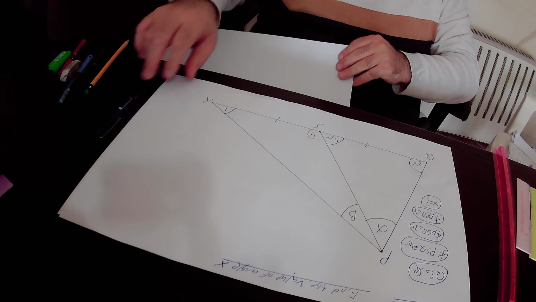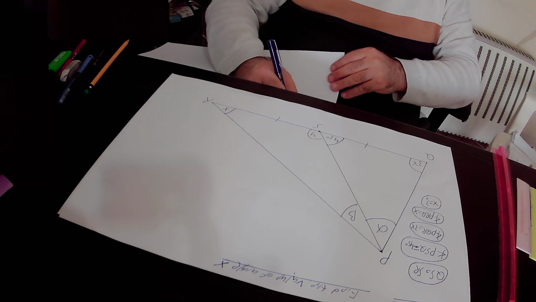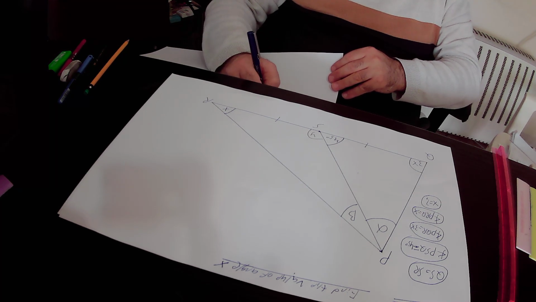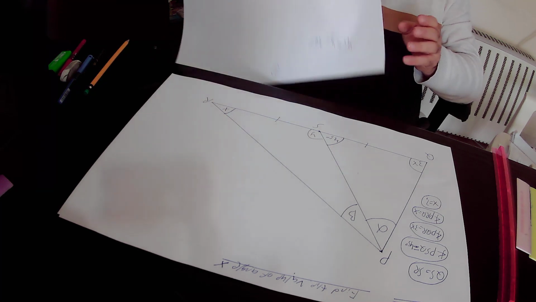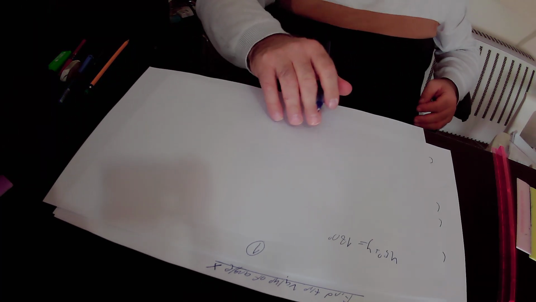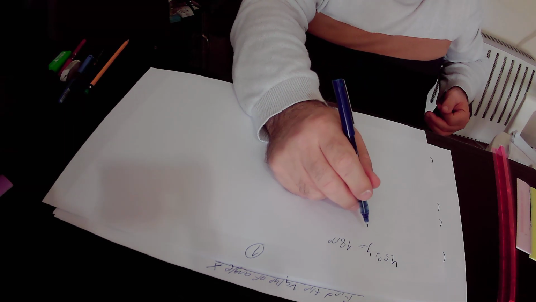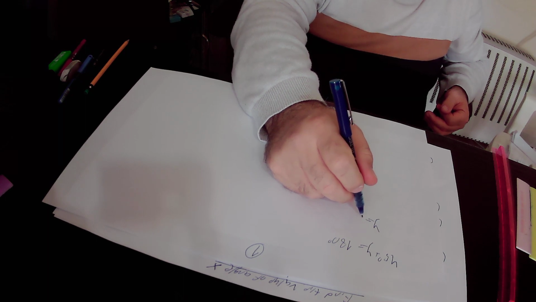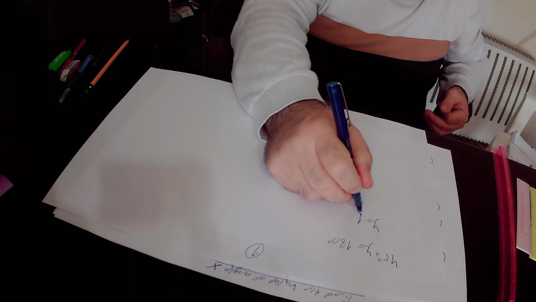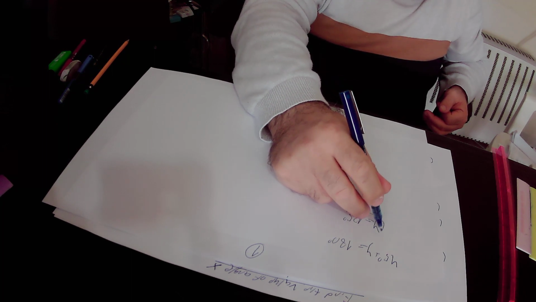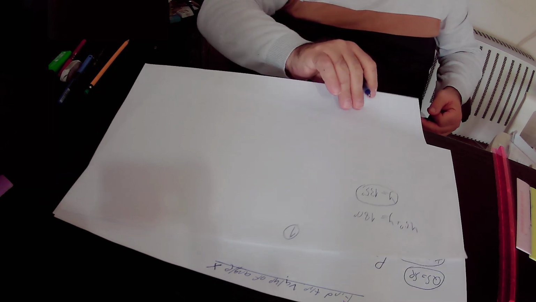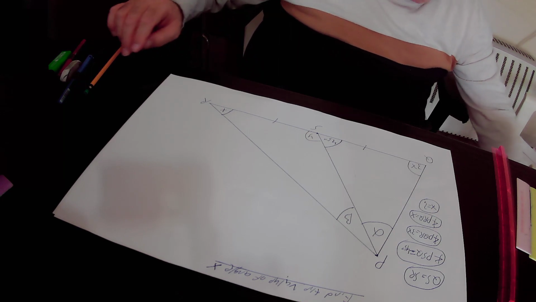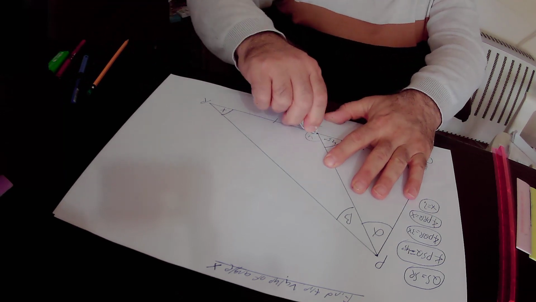We subtract 45 degrees from both sides and we get that angle y equals 180 degrees minus 45 degrees. That is to say, angle y equals 135 degrees. So we can substitute angle y by 135 degrees.